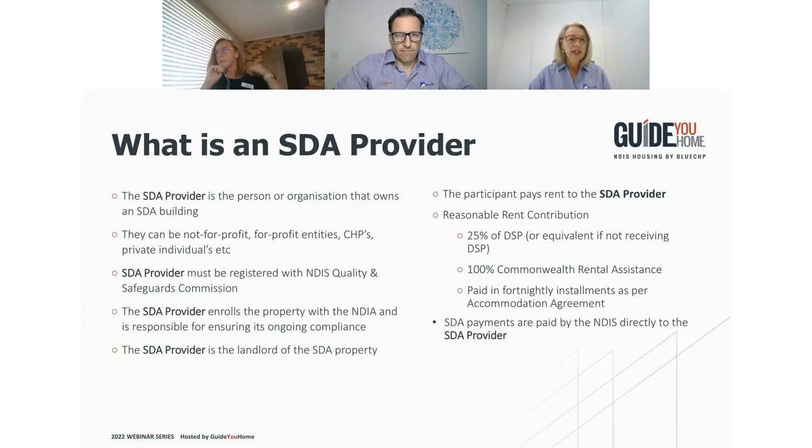And I'll just say briefly there, we always aim to fund these properties in such a way that the property is covered by the SDA payments and the reasonable rent contribution.